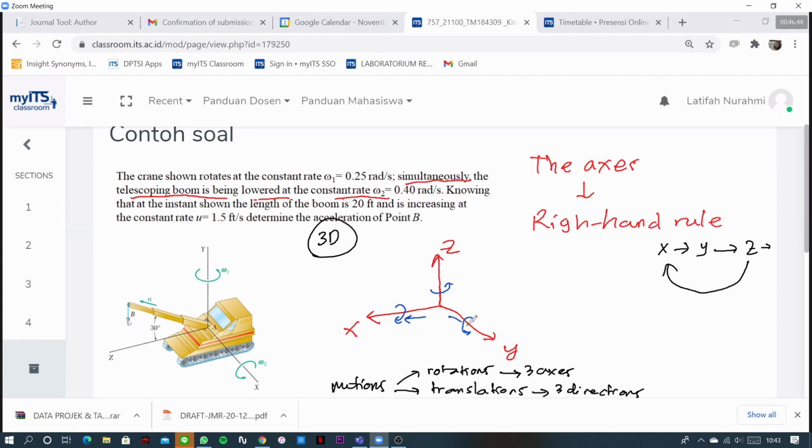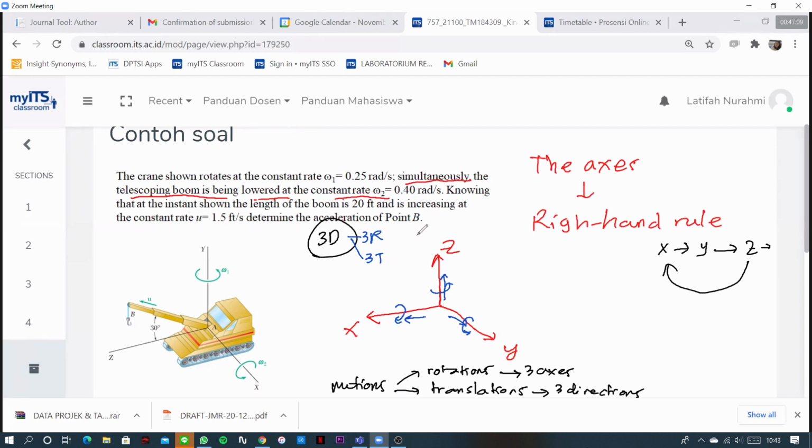I can also walk to the y direction. I can also walk linearly about z directions. So in total, for three-dimensional space, the motion of a rigid body can have 3 rotations, plus it can have 3 translations.